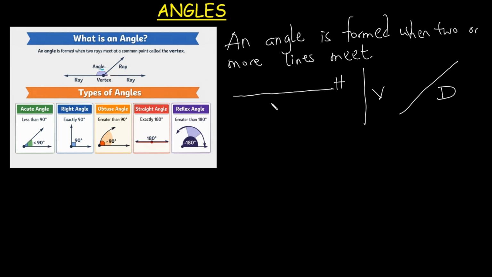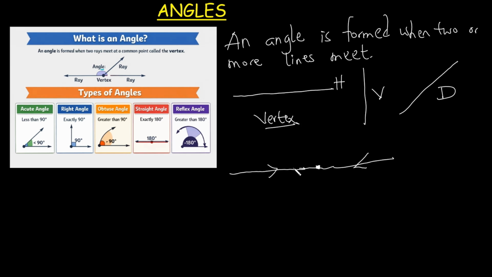Now, when the two horizontal lines meet, we can have one horizontal line coming from this point, and also this horizontal line coming to this point. Now, when they meet at this point, the meeting point is called the vertex.